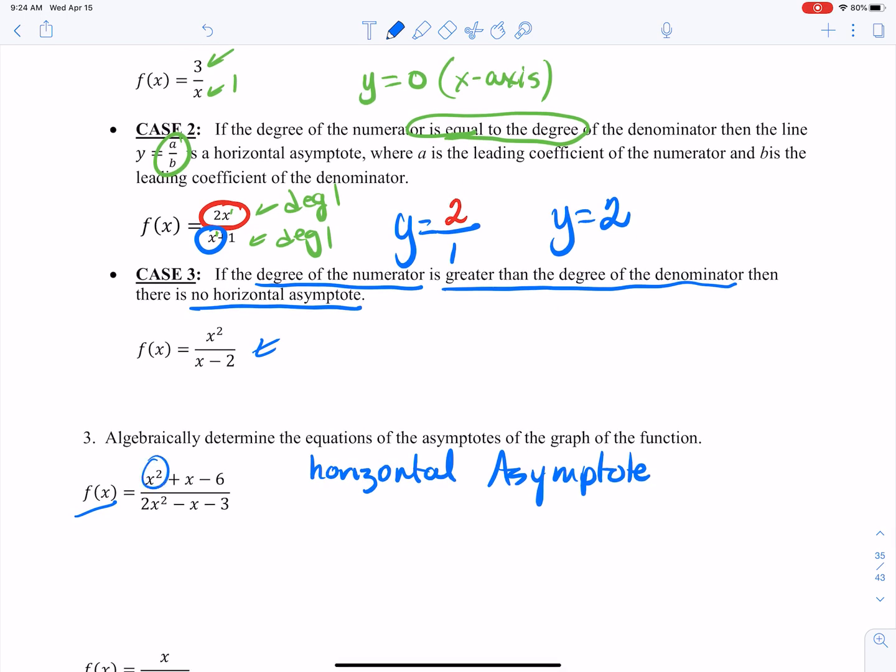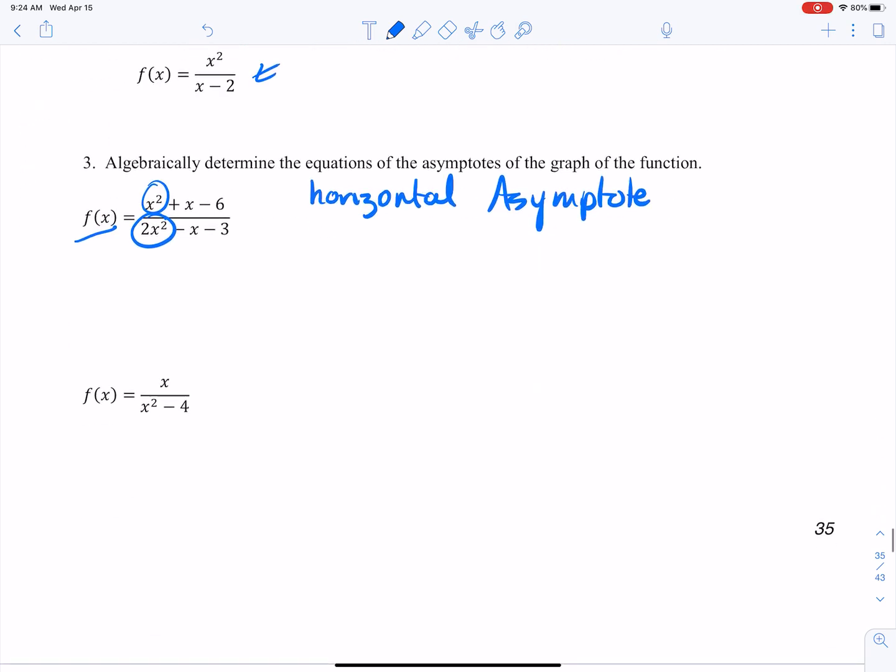This is degree 2. This is degree 2. So I'm going to be following the rules of case 2. The leading coefficient of the numerator is 1. The leading coefficient here is 2. I think you know what I mean. So I've got my horizontal asymptote.